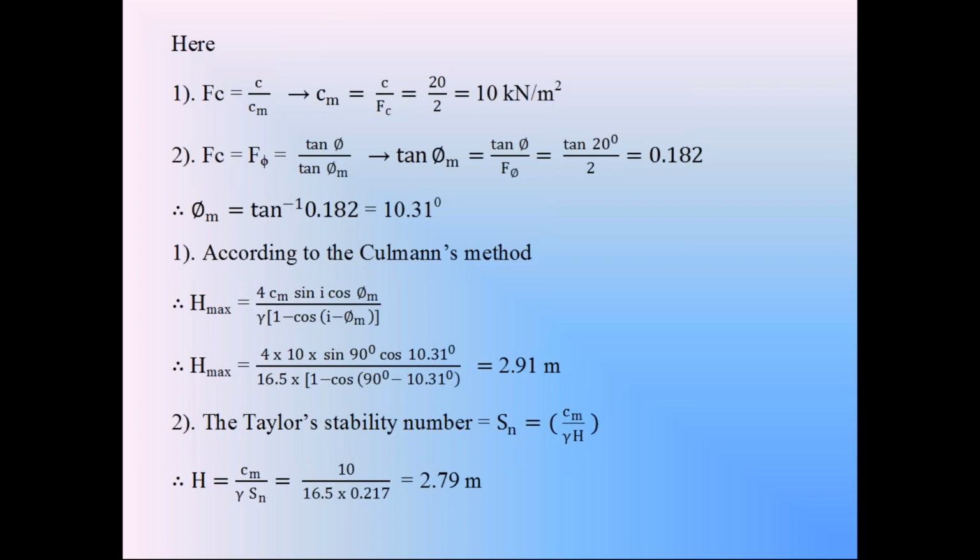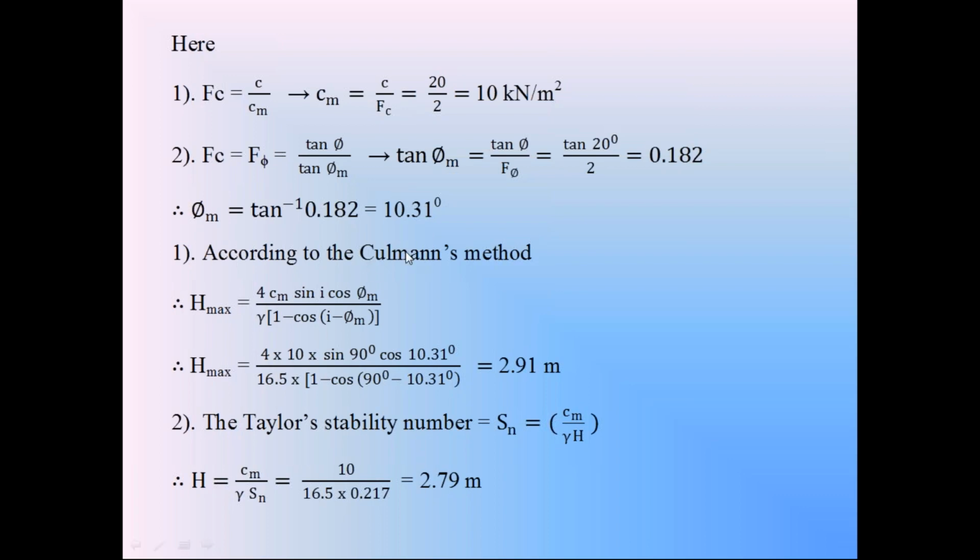So this is the procedure to calculate this phi m, mobilized angle of friction. Definitely in the theory, I know you are unable to understand this mobilized coefficient and mobilized angle of friction. So in this problem, understand how to calculate this mobilized coefficient and the mobilized angle of friction in soil slopes. Now coming to the Culmann's method.